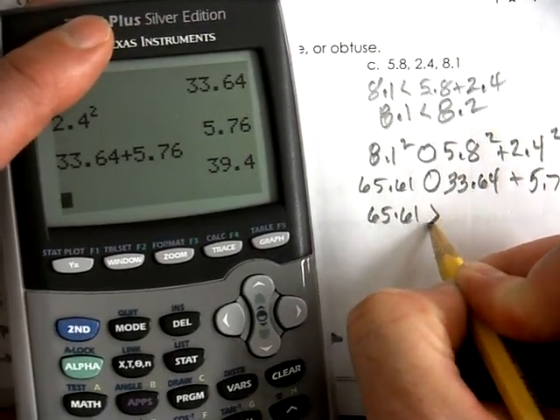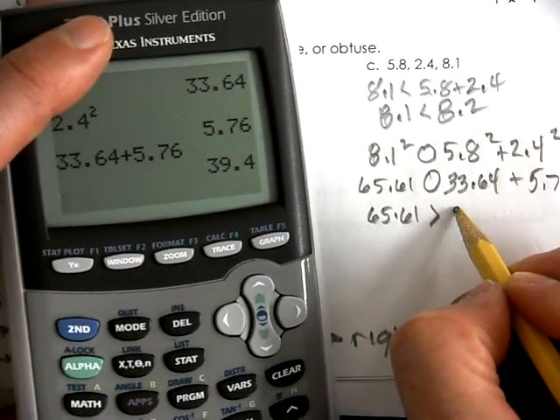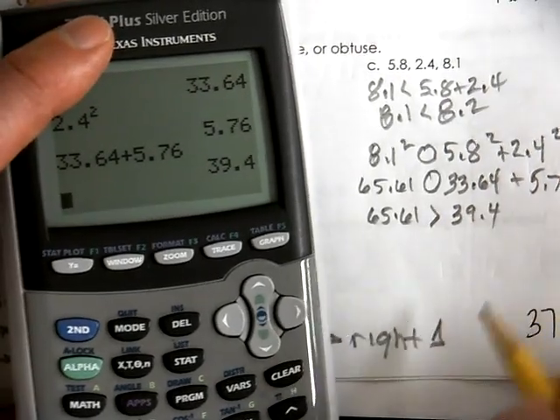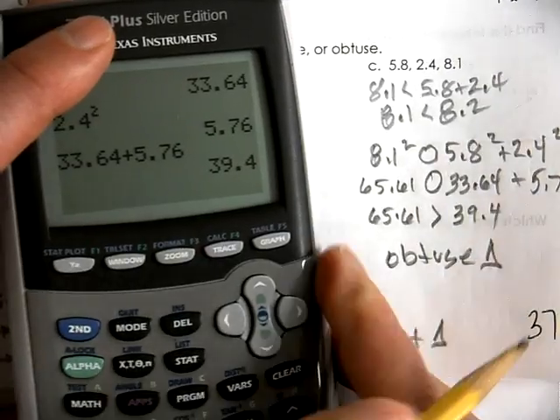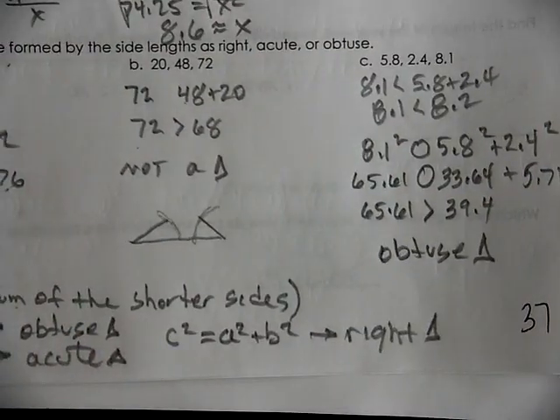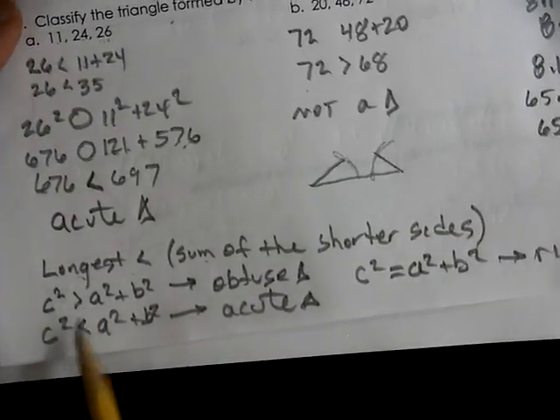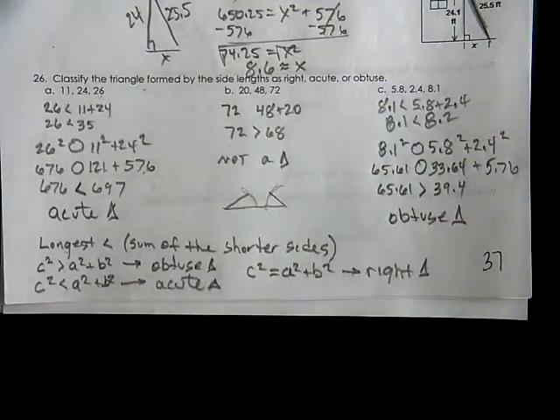And we clearly see that 65.61 is much bigger than 39.4. So this is going to be an obtuse triangle because c squared is greater. All right. Now, good luck, everybody.